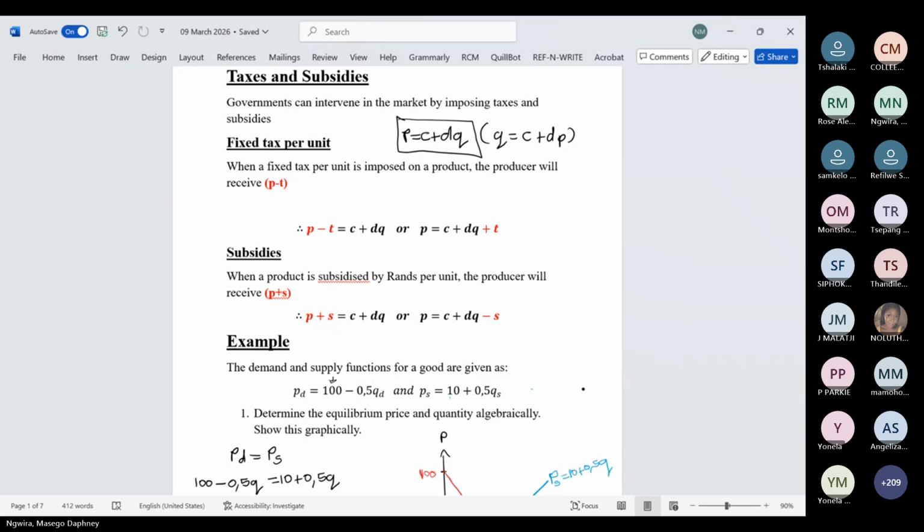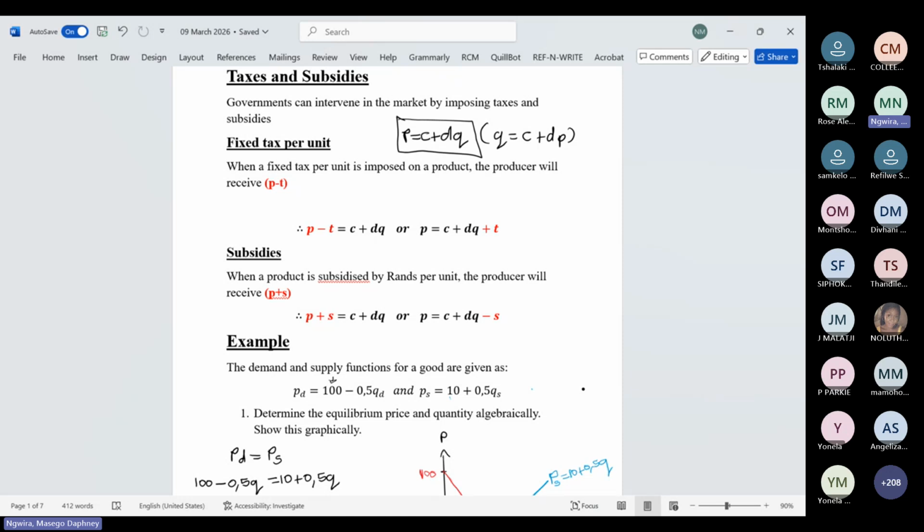I think it's because the taxes are usually charged for the suppliers or the producers. That's why we're using the supply, because they deal with it. But ma'am, even customers are being taxed.